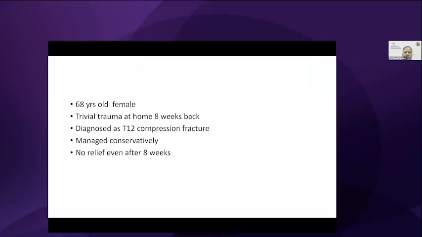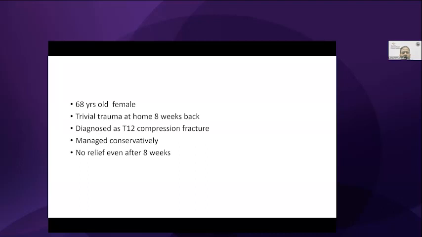This is the story of a woman who is 68 years old. She had a trivial trauma at home 8 weeks back, the day she presented to me. She was locally diagnosed with a T12 compression fracture, and routinely, in orthopedic practice, a lot of people advise brace, rest, and analgesics, and because it's a small wedge compression fracture, they say it will heal well conservatively.